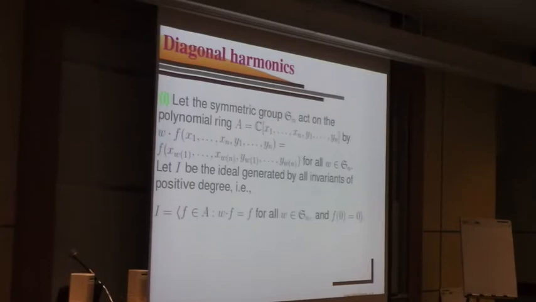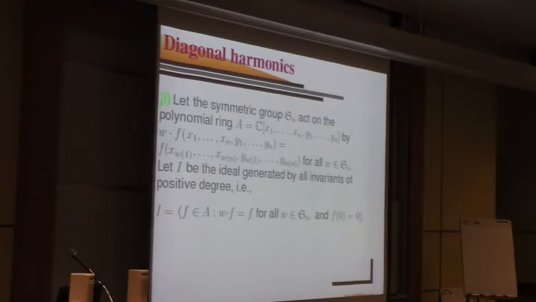This one will go to maybe one of the deepest of all results about Catalan numbers and connected with all kinds of amazing mathematics, the theory of diagonal harmonics due to Haiman and Garsia. The main result is due to Haiman.